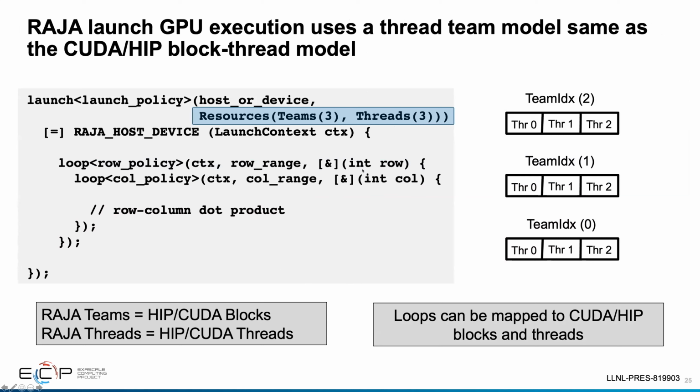So just to illustrate how computing with teams and threads works, it's basically the same thing as you have in CUDA, where you have a compute grid composed of threads, and then they get grouped into blocks. Same thing here. With this configuration, we have 3 teams composed of 3 threads, and this is how we would do our calculation in a GPU kernel.